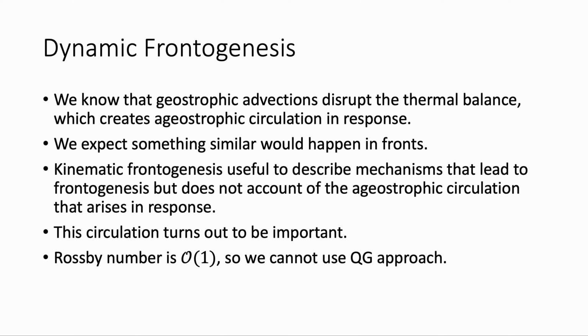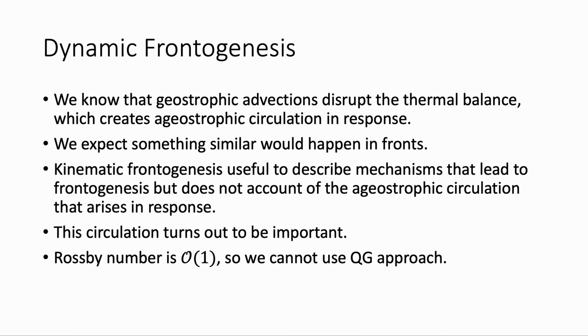Okay, well, let's talk about the dynamics. The dynamics are complicated for a couple of reasons. First of all, we expect some ageostrophic circulation here. How do we know that? Well, fronts by definition are areas of pretty sharp thermal contrasts. Whenever you have sharp thermal contrasts, you would expect pretty substantial thermal wind.